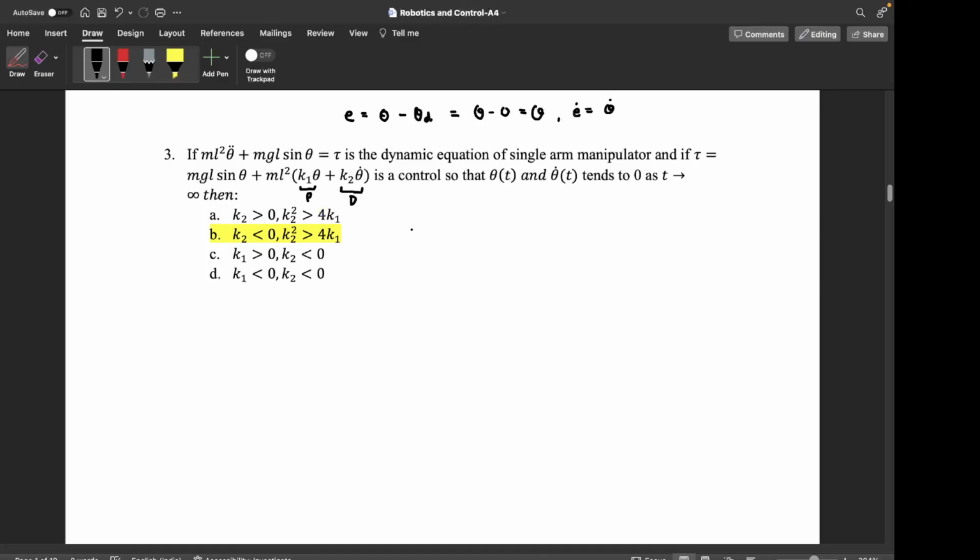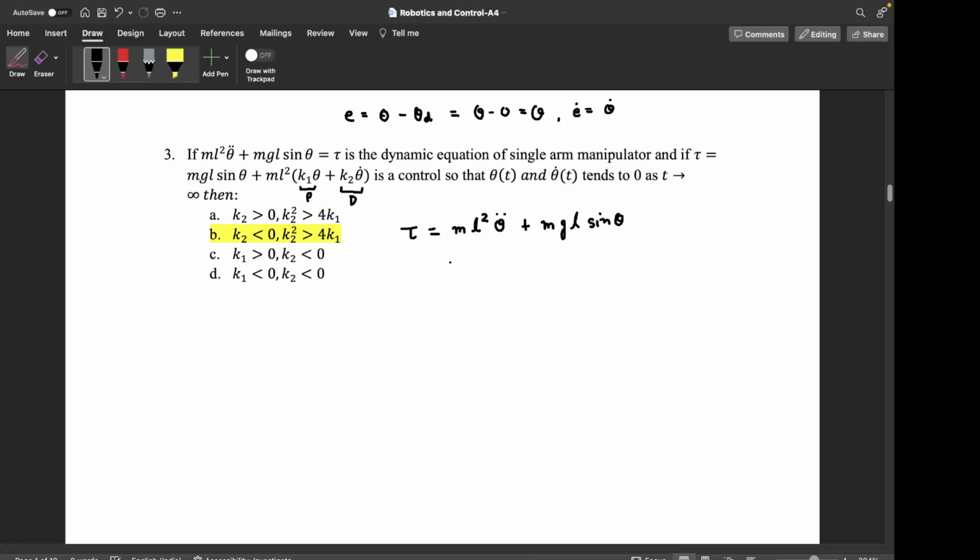So here, if you compare these two equations, tau is equal to ml square theta double dot plus mg l sine theta.